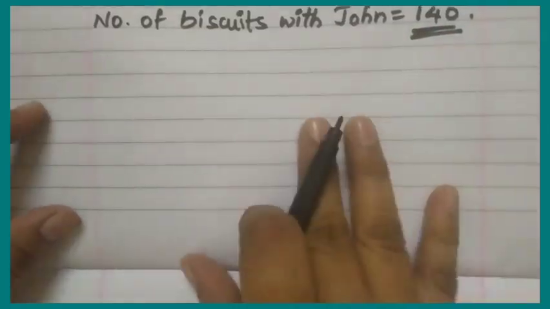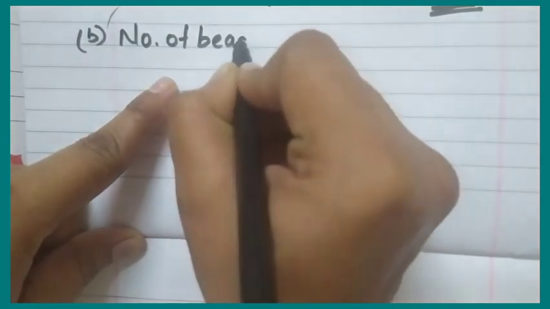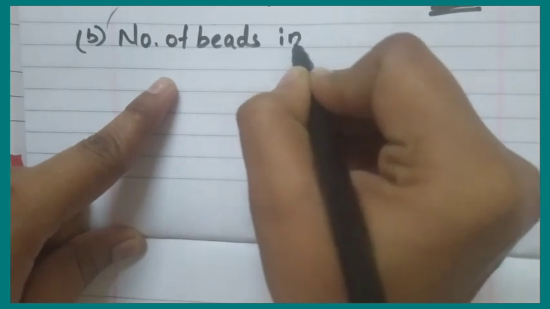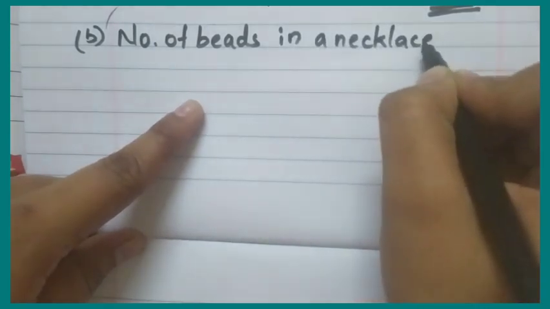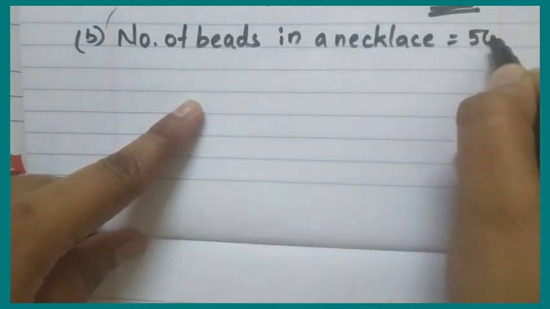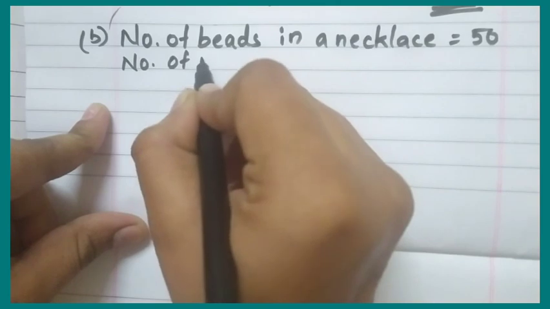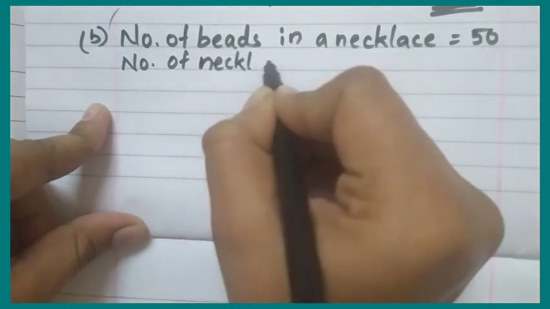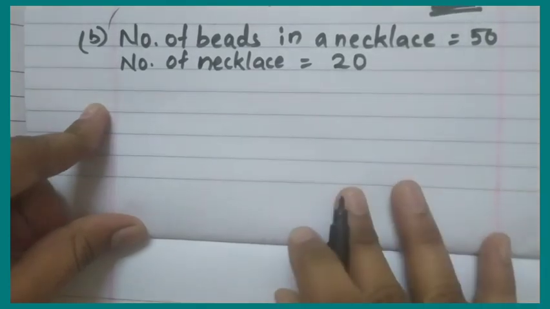Now look at B answer. First, number of beads in a necklace. In one necklace there are 50 beads. Number of necklaces, 20. Okay.